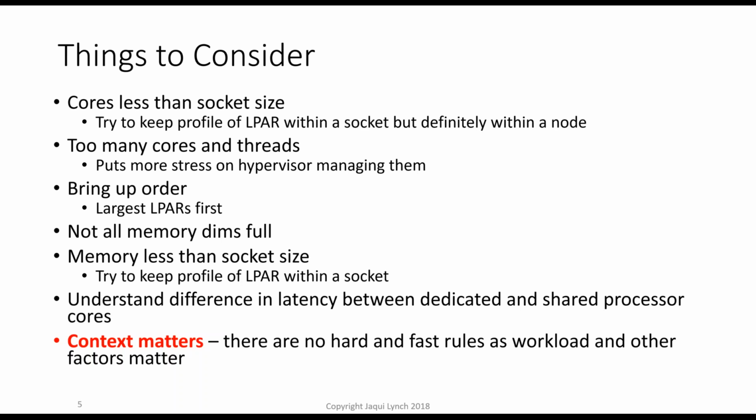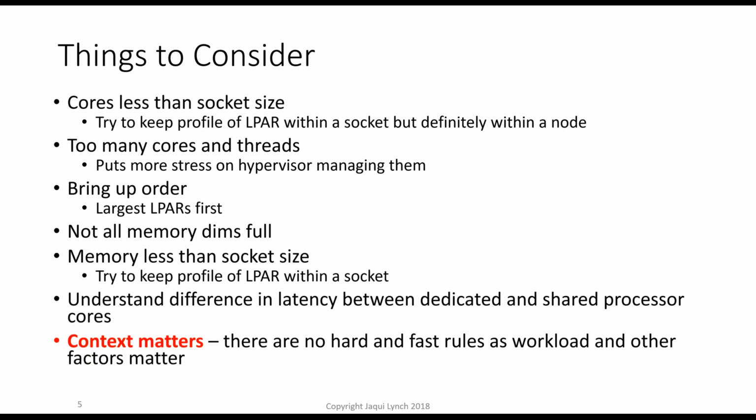There's some things the system does to try and help with that, but what it does mean is if the core that shared processor LPAR was running on previously is busy, it may get mapped to a different core, and it may have to wait for somebody else to finish running on that core. So it can take a little bit longer sometimes. And we're not talking minutes, we're talking milliseconds. But if you have a latency sensitive workload, it's something to be aware of.